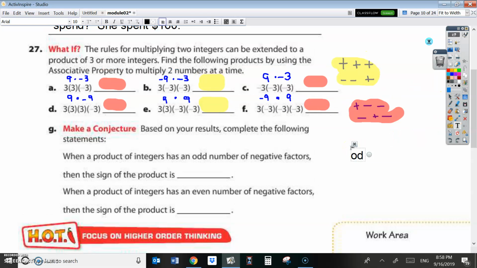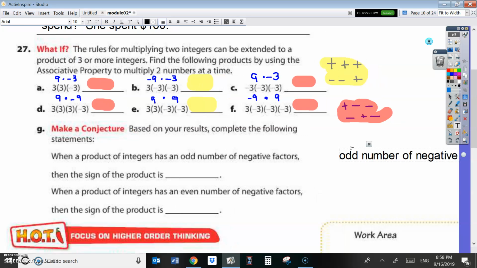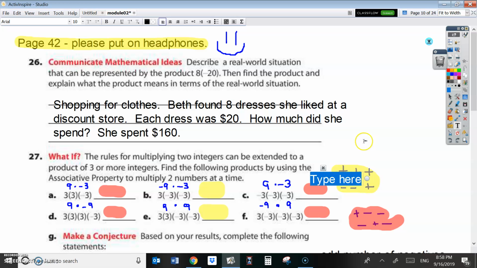So some of them are an odd number of negatives. And then you have an even number of negatives. Sorry, let me try that again. Make this an even.